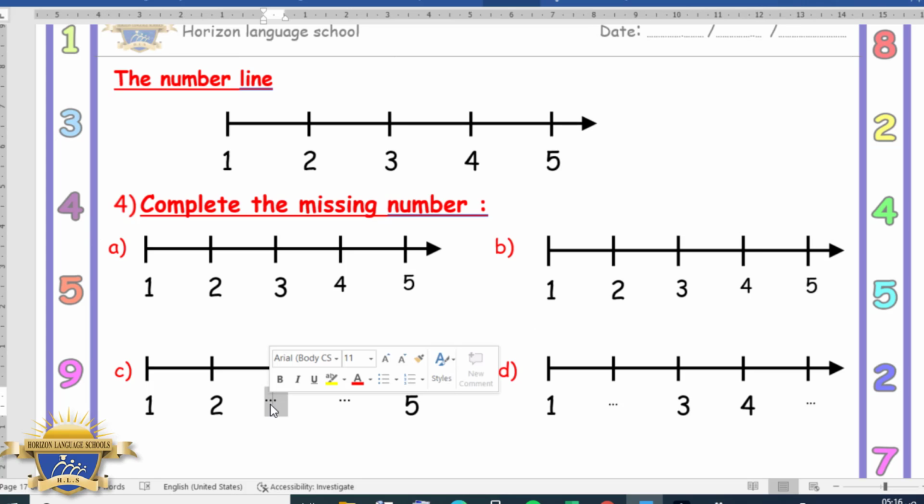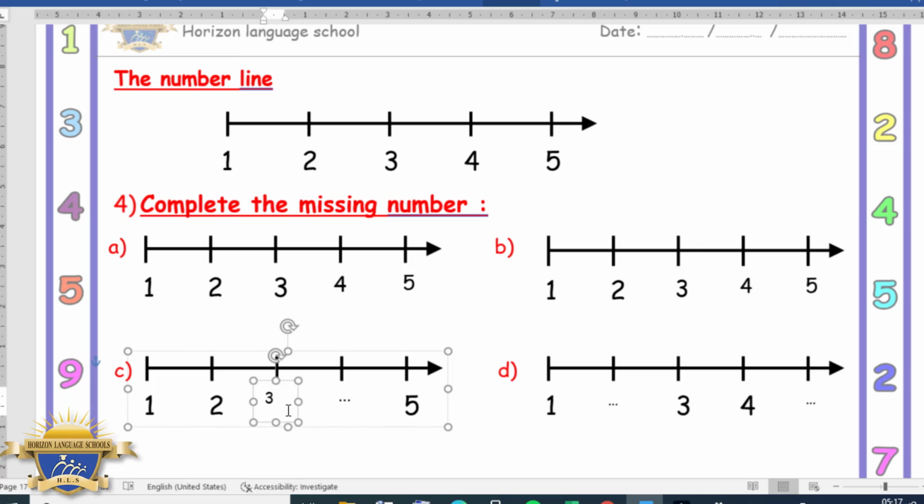The next one. 1, 2, 3, and 4. The 5 is written.